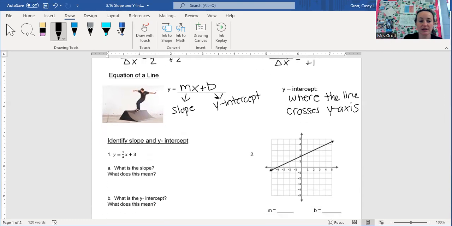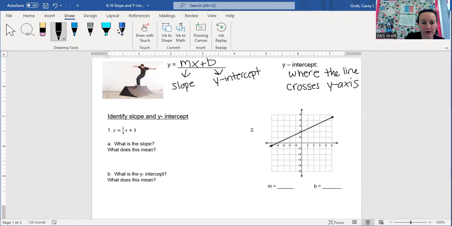So taking a look, here's this equation. Okay, y equals mx plus b. So m is going to be my m, which in this case is 1 over 4. Most of the time we're writing slope as a fraction. Okay, what does this mean? Well, that means that it's positive. Okay, it's going to be going up.